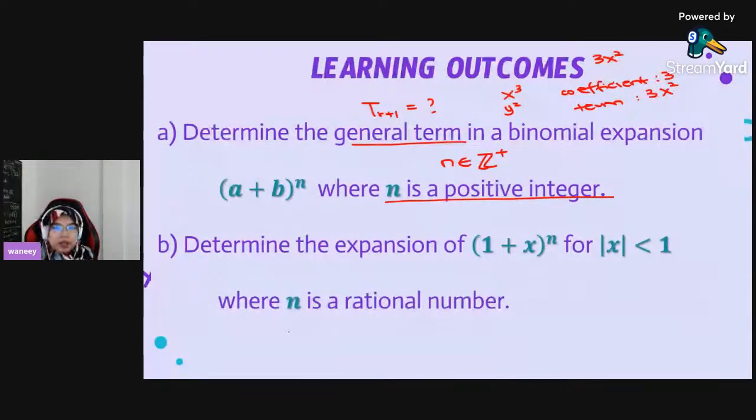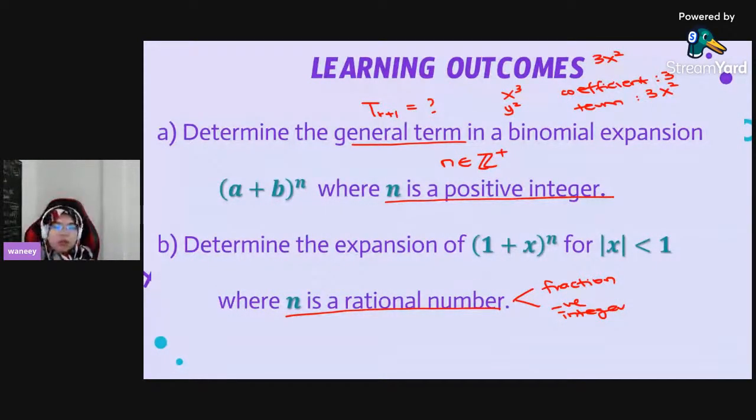Of course we can also use it for a positive integer, but normally we use it if we have a fraction or a negative integer. So this is when we are going to use the second formula.